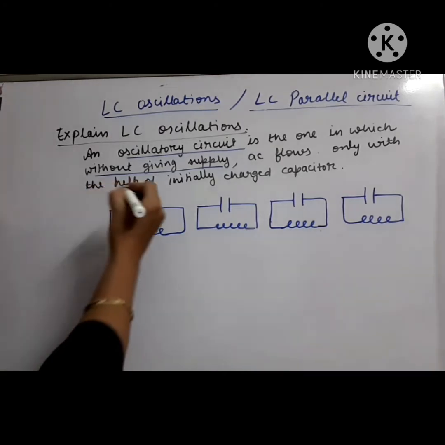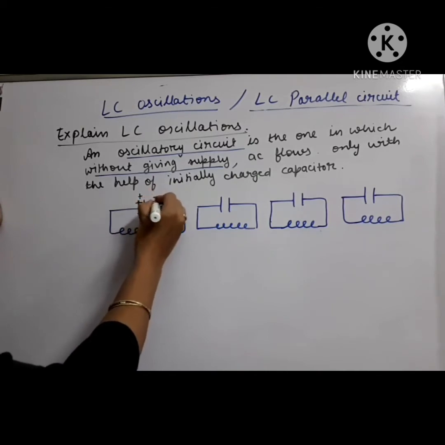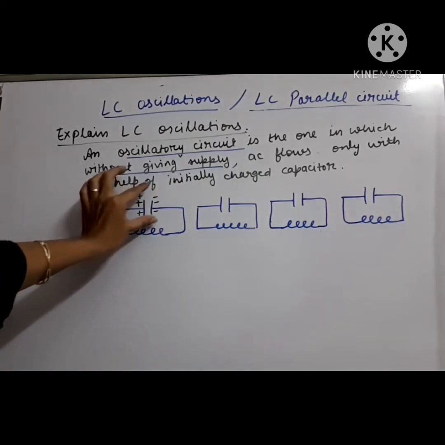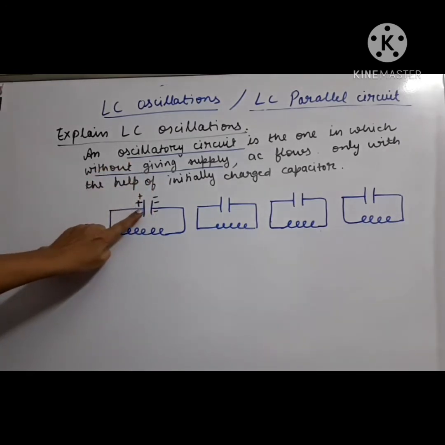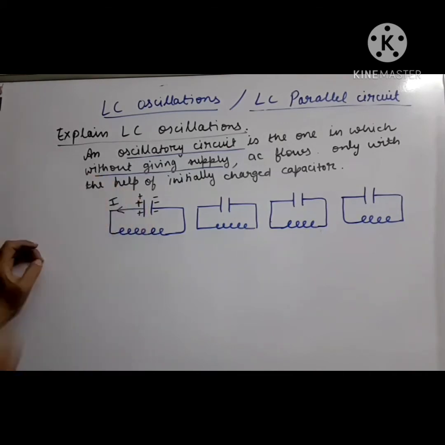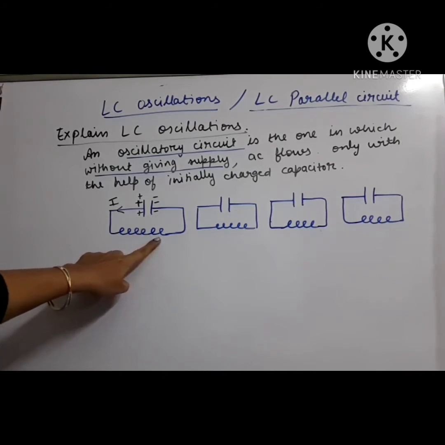Let us start. First of all, suppose this capacitor is charged this way. This plate is positively charged, this plate is negatively charged. Now because the capacitor is fully charged, the positive side of the capacitor will supply the current to the inductor. This current will start moving to the inductor. Now the inductor is like a solenoid.